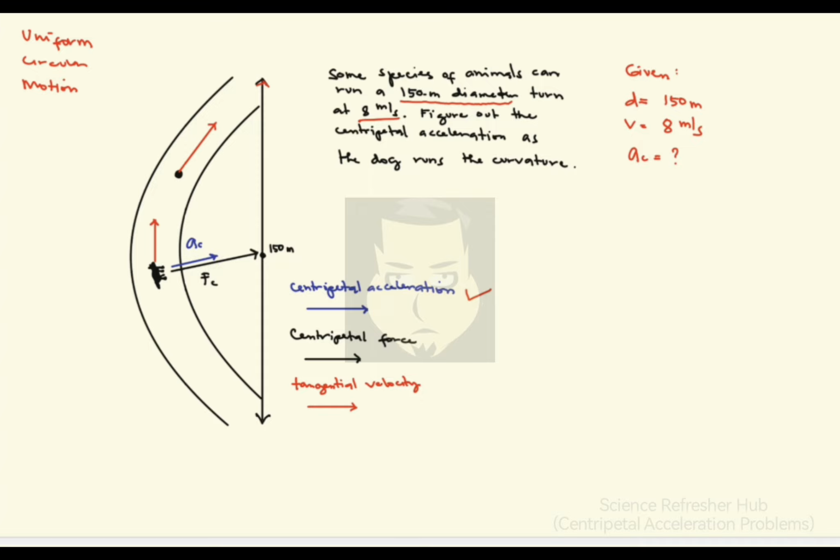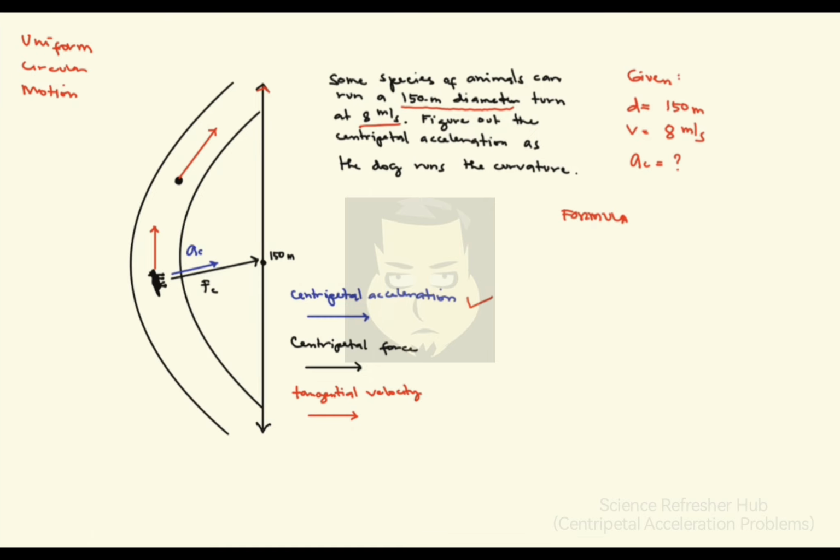How to find centripetal acceleration? This time, let's have the formula to get the centripetal acceleration. Again, since the velocity is changing, the tangential velocity is changing when the object is moving all throughout the curve or circular path. Therefore, the object is accelerating due to that change in direction of our velocity.